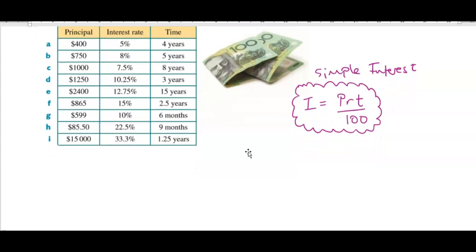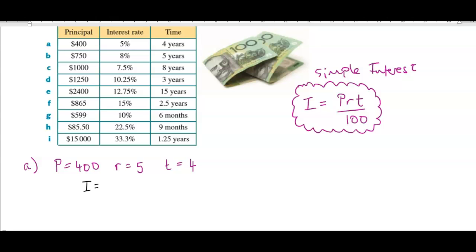All right, so let's go through. We won't do all of these. You can obviously pause the video and finish them off. When you're doing it, just identify everything. So P is 400, your interest rate is 5, and your time is 4 years. You can write the formula.